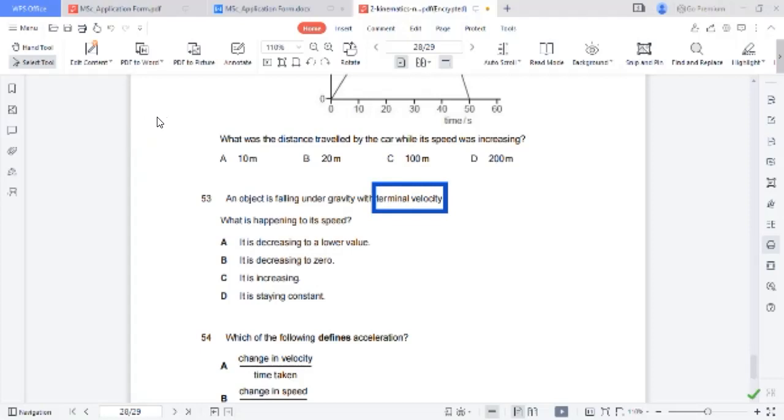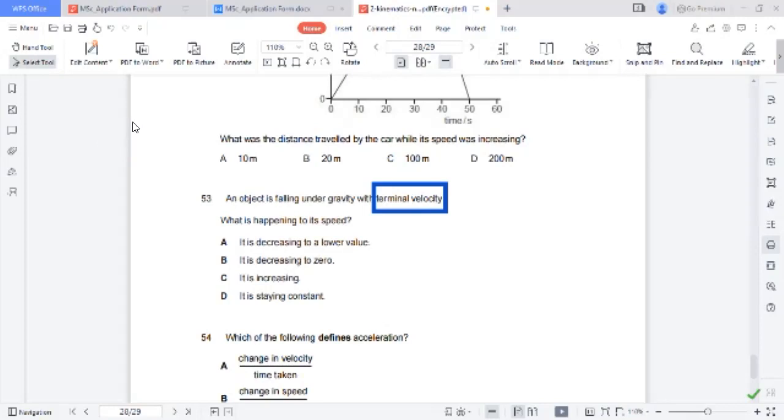What is the difference between speed and velocity? For simplicity, you can say speed is actually the magnitude of velocity. The magnitude means a number, only a quantity, a fixed number. So whenever we are talking about the terminal velocity, it means a constant or fixed velocity. It means its magnitude is fixed.